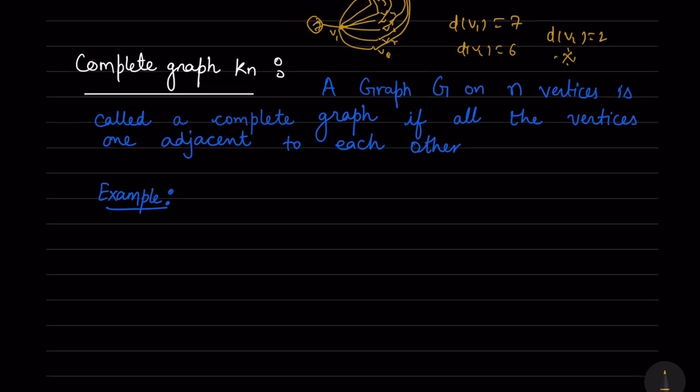Next is the definition of a complete graph Kn. So what is a complete graph? A graph G on n vertices is called a complete graph if all the vertices are adjacent to each other.